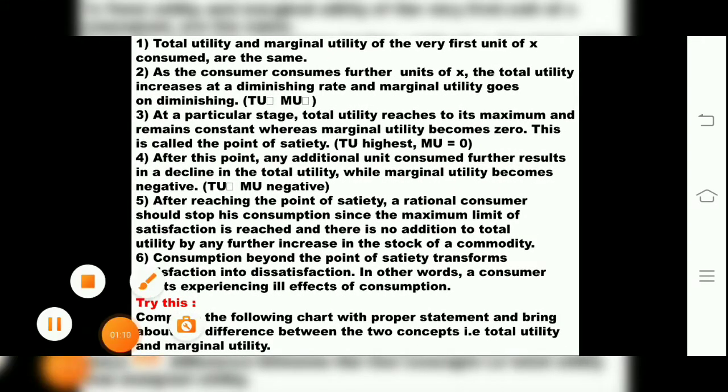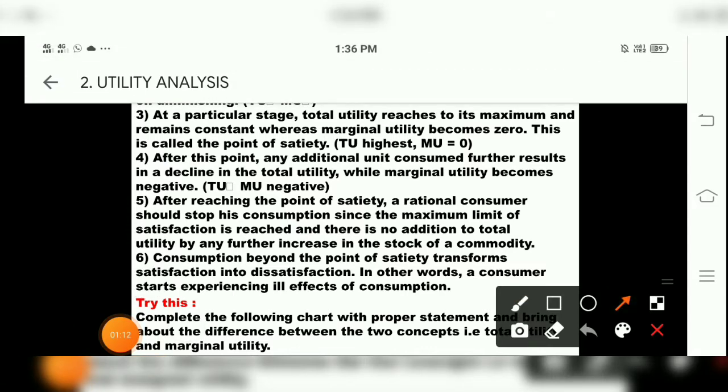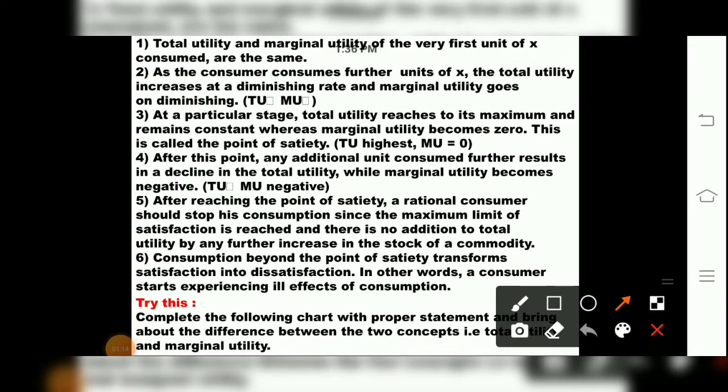The first relationship regarding total utility and MU is that total utility and marginal utility of the very first unit of X consumed are the same, as we have seen in the table: 10 and 10. The second point is, as the consumer consumes further units of X, the total utility increases at a diminishing rate and marginal utility goes on diminishing.